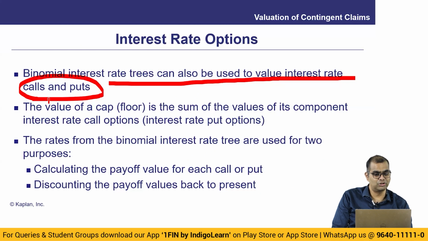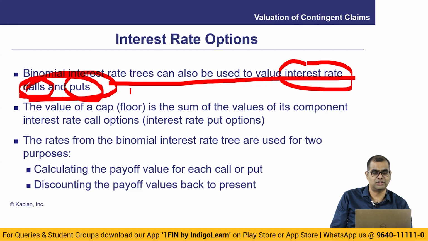It is everything to do with a bond or a loan. In the same way here, interest rate calls are saying that if the interest rates go beyond a certain number, I will borrow or I will not borrow. A call is basically a right to borrow, a put is a right to lend. We'll see all of that. Calls and puts are all with respect to borrowing and lending, not with respect to the interest rate. You can't buy and sell an interest rate; you can only borrow at a certain interest rate or lend at a certain interest rate.